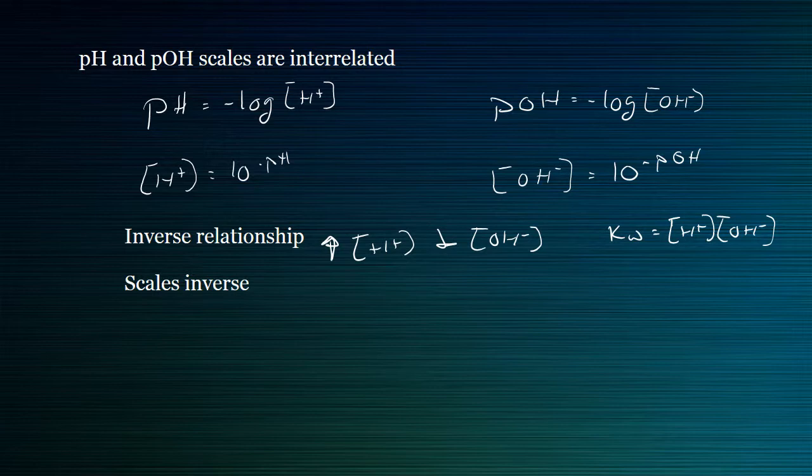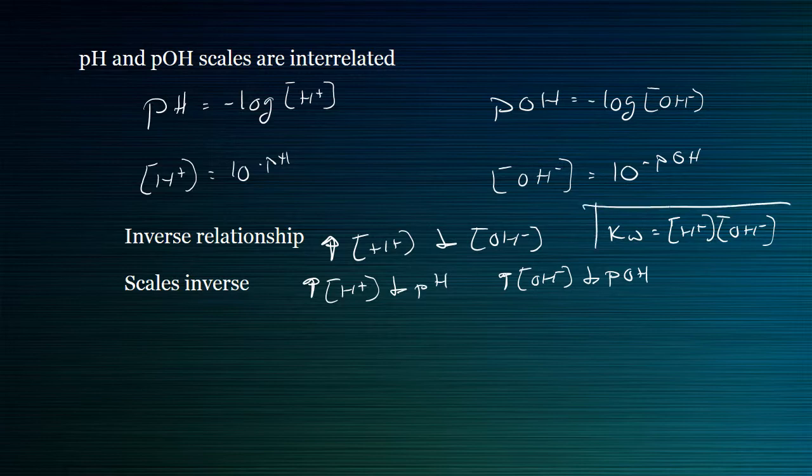So if we look specifically at hydrogen, if we increase your hydrogen ion concentration, you decrease the pH value, or the closer to 0 it gets. Well, it's vice versa for your OH ions. So if you increase your hydroxide ion concentration, you're going to decrease the pOH value for it.